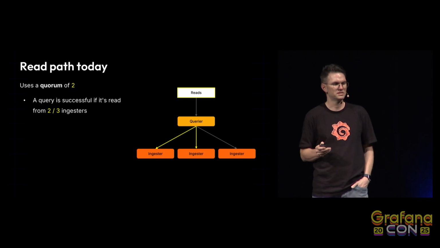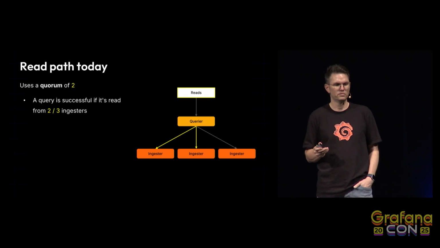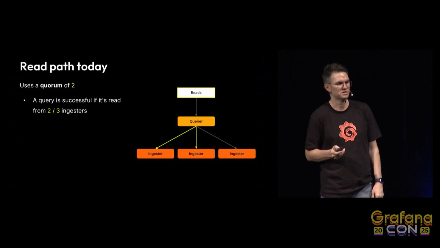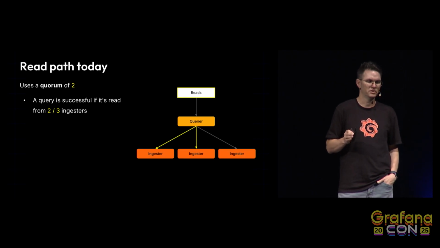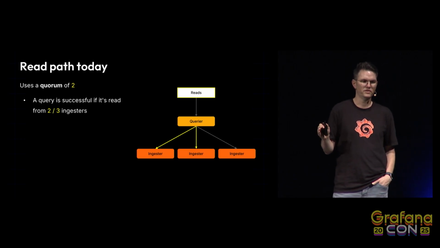Once it receives a successful response from 2 out of 3, so again a majority, then we consider the query to be complete and have all the data, and the querier will respond to the client. By using a majority on both the write path and the read path, we're able to make sure that our data is stored across multiple nodes in case there's a failure, but we're also able to make sure that we have a complete set of data on the read path.